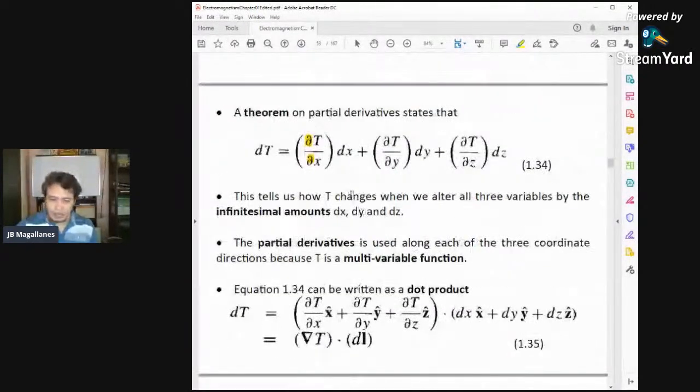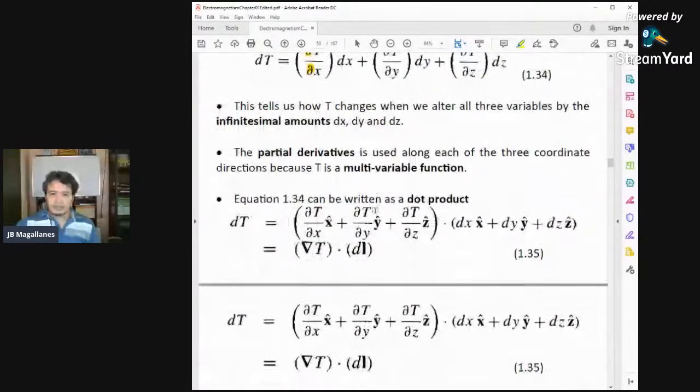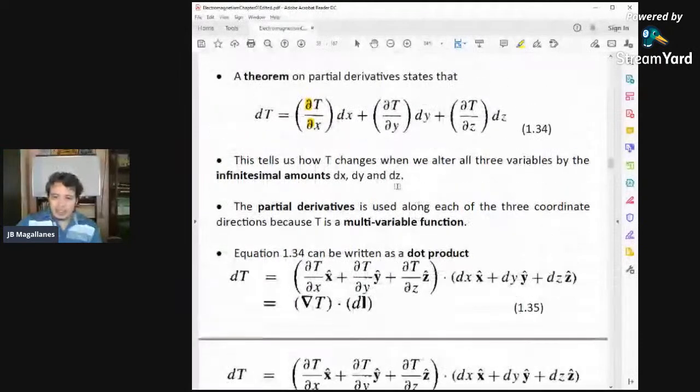So, for example, if t is equal to x cubed y squared, if you get the derivative of, anyway, let's go to an example later. So you can write this expression.